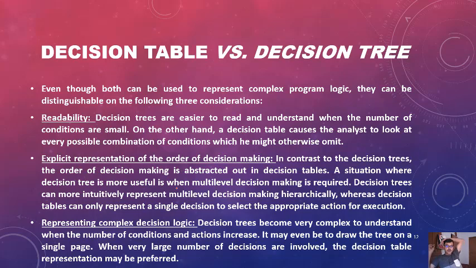Even though both decision table and decision tree can be used to represent complex program logic, they can be distinguished on the following three points. In terms of readability, decision trees are easier to read and understand when the number of conditions is small.